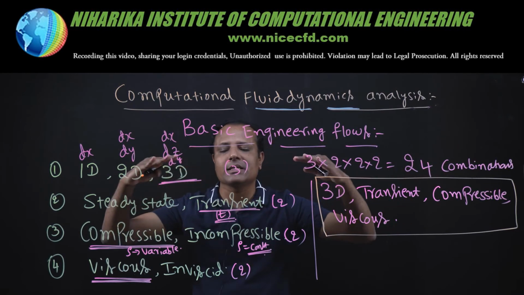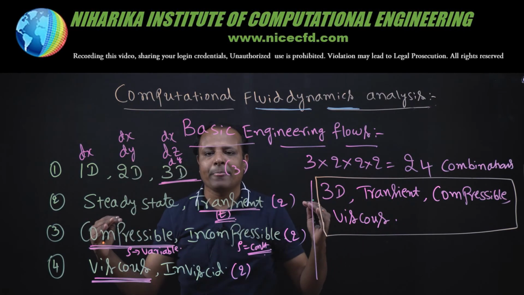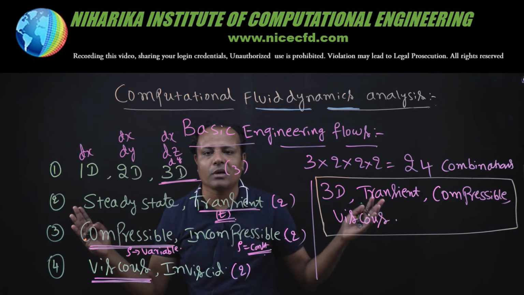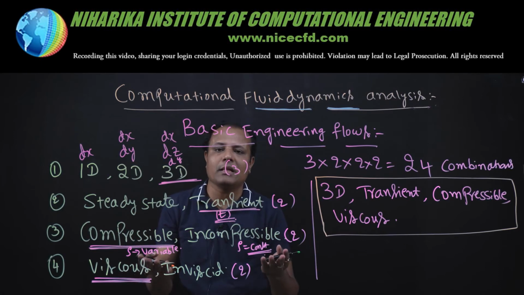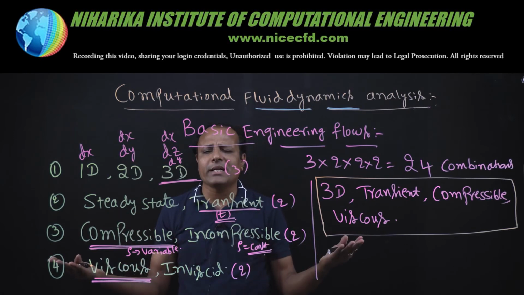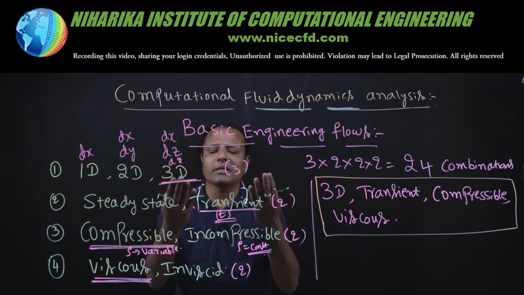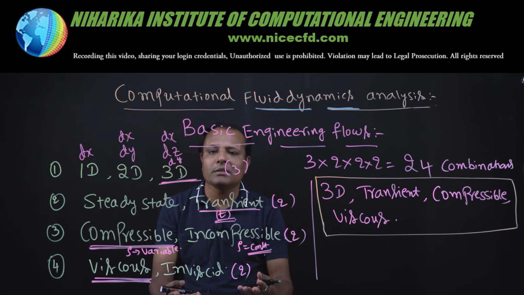This is the easiest way. Take one equation which contains terms for all 24 combinations, meaning one combination for itself and the remaining 23 combinations. You keep on equating some terms to 0 so that you keep getting the remaining 23 combinations of flows.